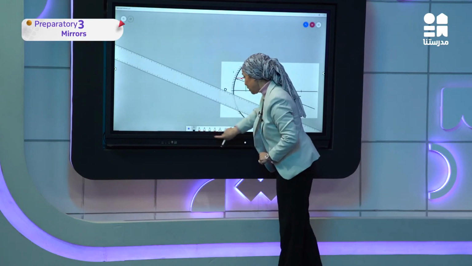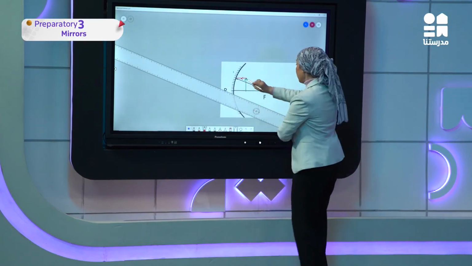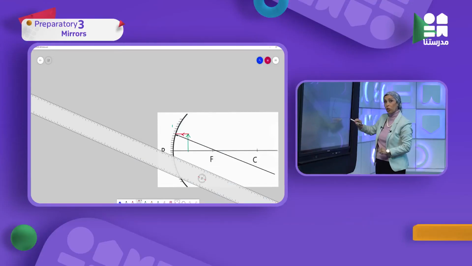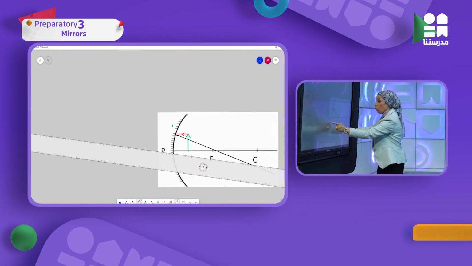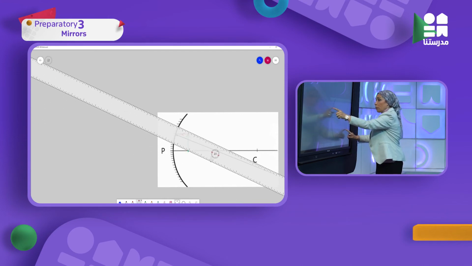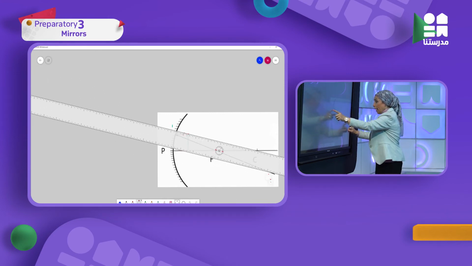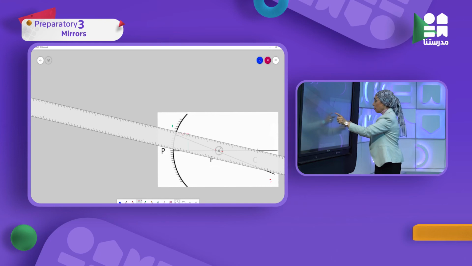And then in this case, the next ray we used before in another case: passing by the center of curvature, which reflects on itself from the same point.